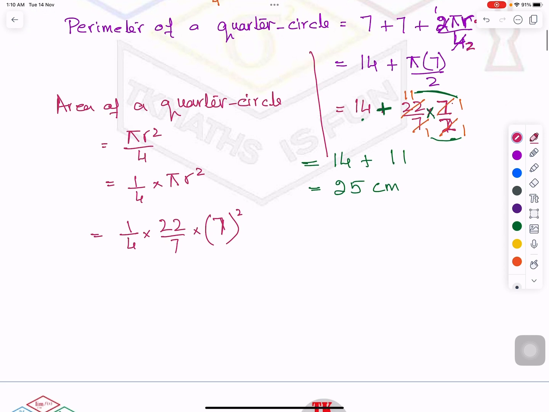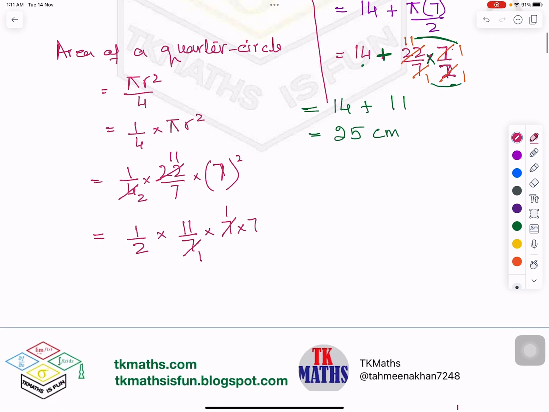Now how will you simplify? 2 2s are 4, 2 11s are 22. So 1 upon 2, 11 upon 7. Now 7 square is 49, or you can write it like this if you like, because in the denominator I have 7 and I can cancel it. Your choice. You can write 49 here also. So now in the numerator you have 1, 11 and 1. 1 times 11 is 11. 11 times 1 is 11. And oh sorry, I forgot this 7.